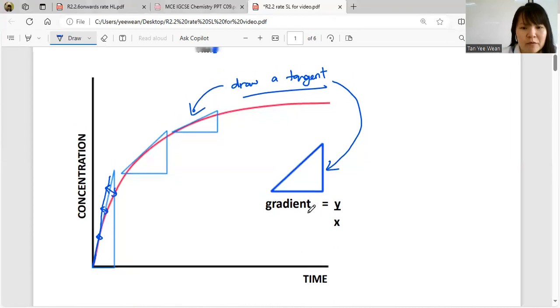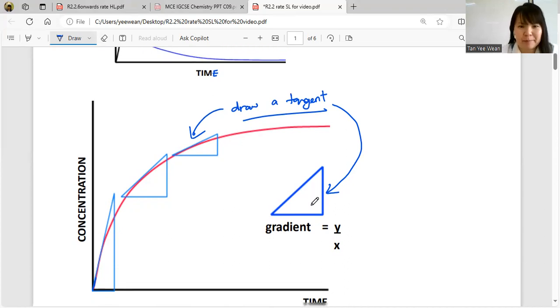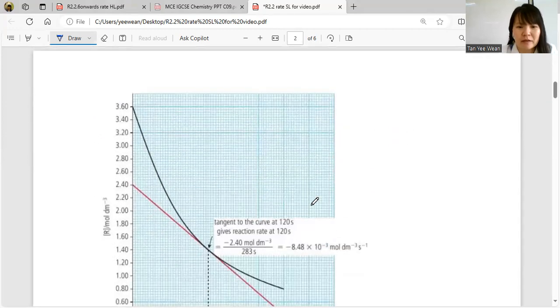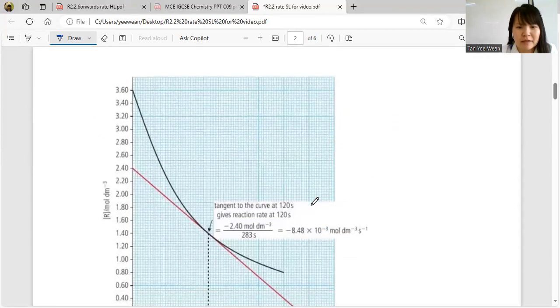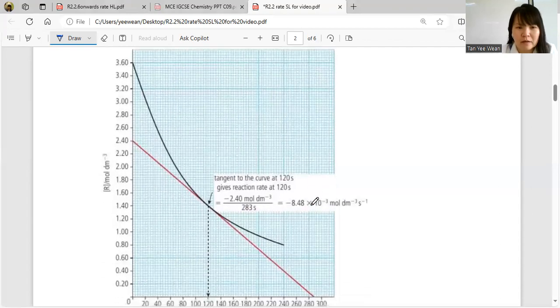In exams, of course, students will all draw a different angle here, so they will accept a range of answers. But if you draw and calculate one that is out of the range of the marking scheme, then you do not get a mark.